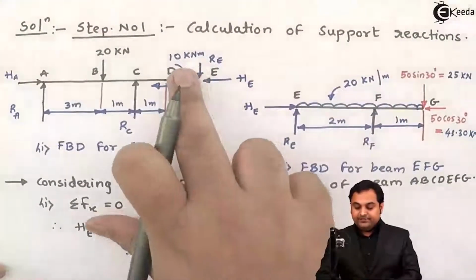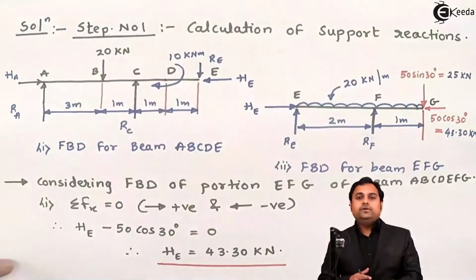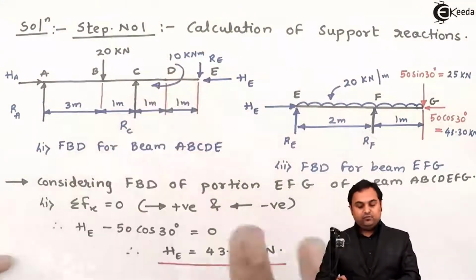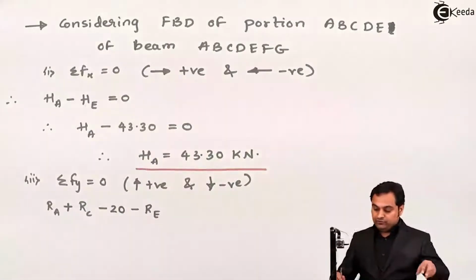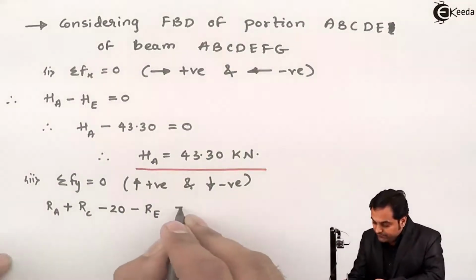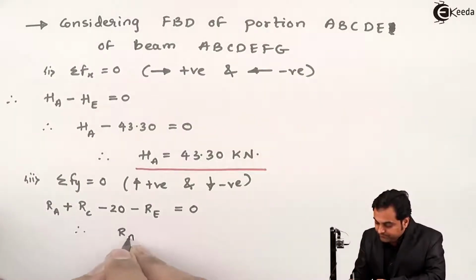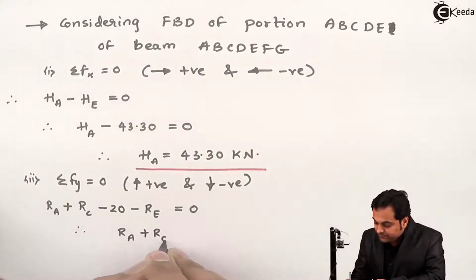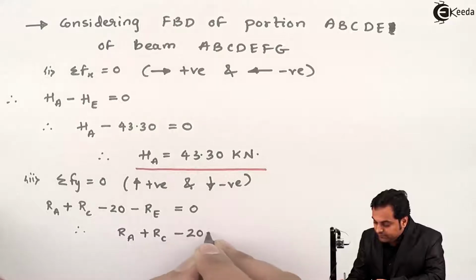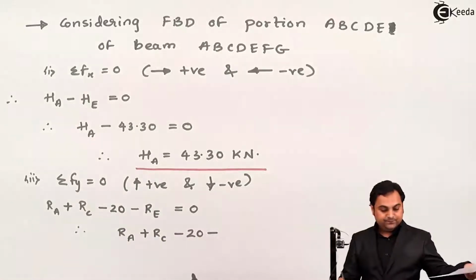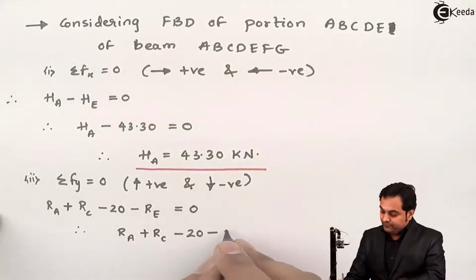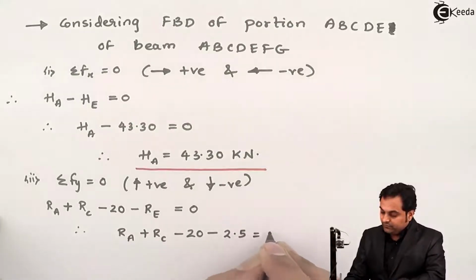The 10 kilonewton meter is a couple, so it cannot be used in the calculation of forces. So this 10 kilonewton meter won't be used here. We want only forces. So that is equal to 0. Hence Ra plus Rc minus 20 minus Re, whose value is 2.5, is equal to 0.